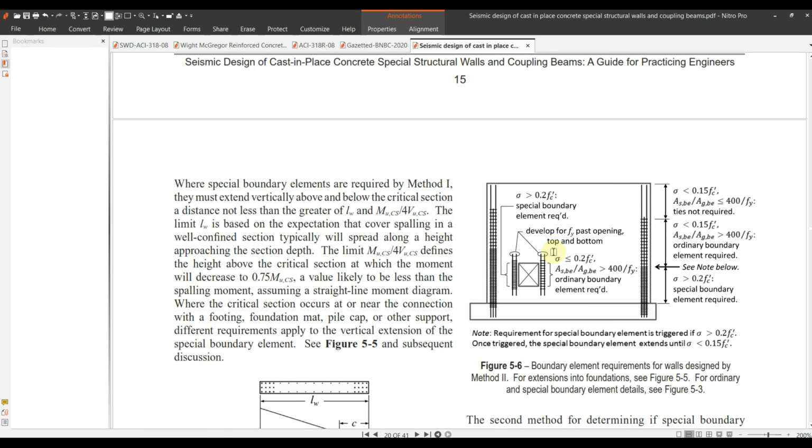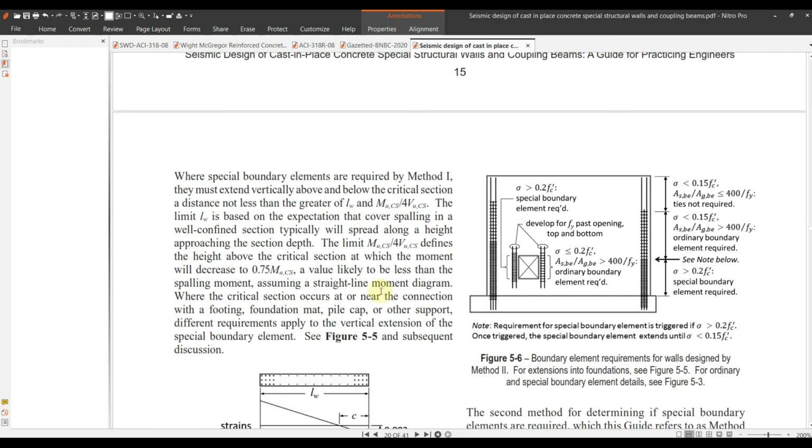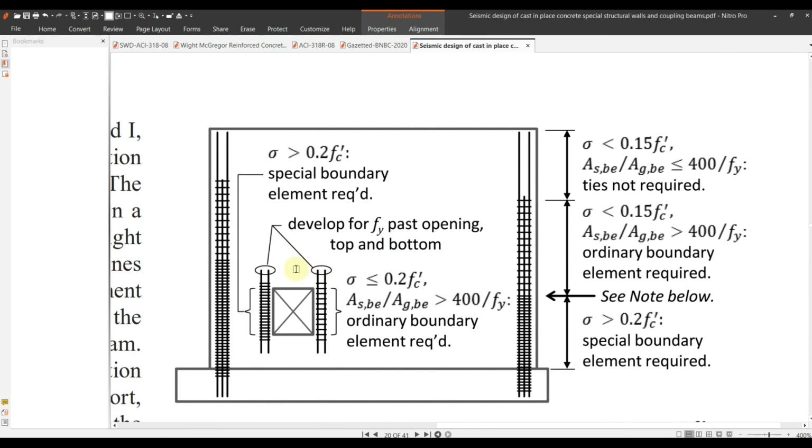So let us look at this figure. We can easily understand the concept. The code, BNBC and ACI, both say the same thing: the necessity of the hoops reinforcement in the boundary element, whether you are going to provide a special boundary element or an ordinary boundary element, depends on the stress in the wall. If the stress in your wall is greater than 20% of FMC, then you need to provide a special boundary element.